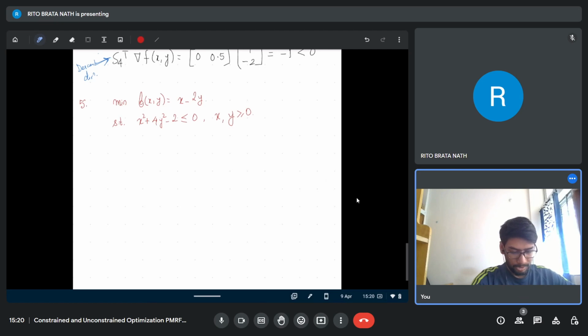Whichever is feasible might not be the descent direction, because you're starting from a region which is not feasible at all. So there is this feasibility issue in this problem. I don't know why this point was given like this, because everything is kind of messed up in this problem.